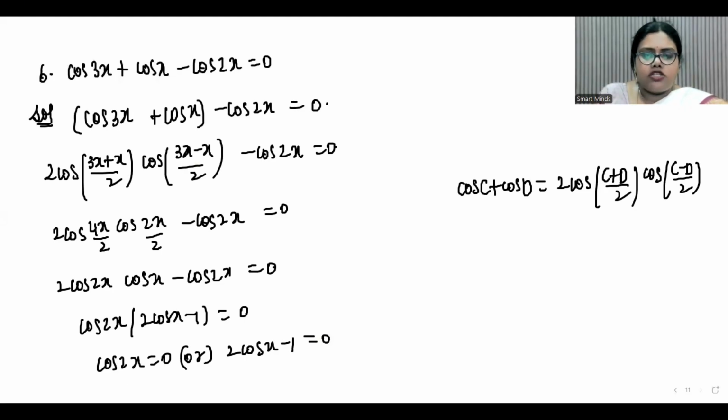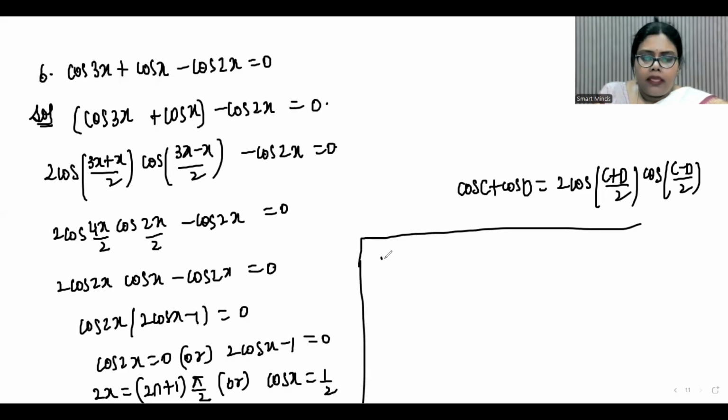So cos 2x is 0. So what is the general solution? 2x is equal to (2n plus 1) into pi by 2. Why pi by 2? Because cos 90 is 0. Or cos x is equal to 1 by 2.